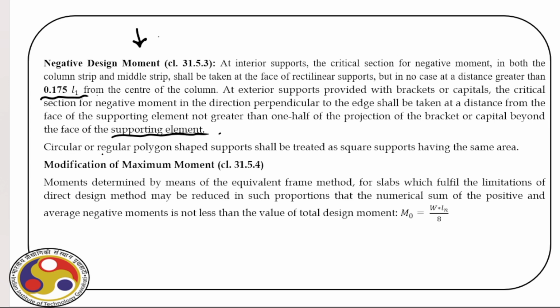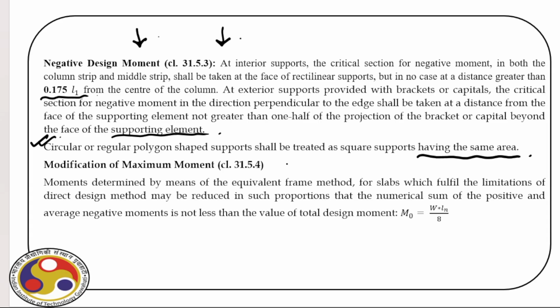For circular or regular polygon shaped supports, we can have different types of columns, that shall be treated as square supports having the same area. So when we have these types of support conditions, we have to convert that into square supports with the same area, and then accordingly we have to satisfy this condition.